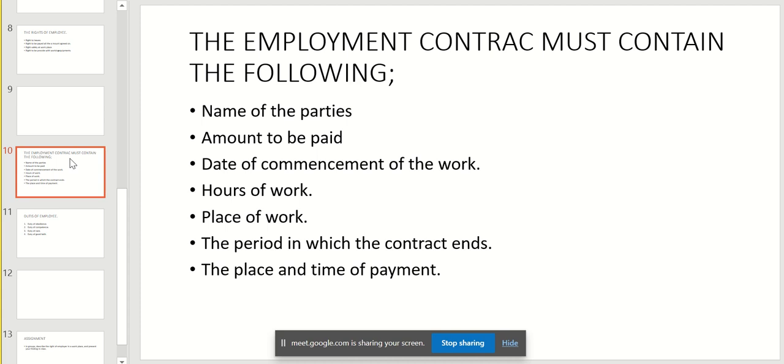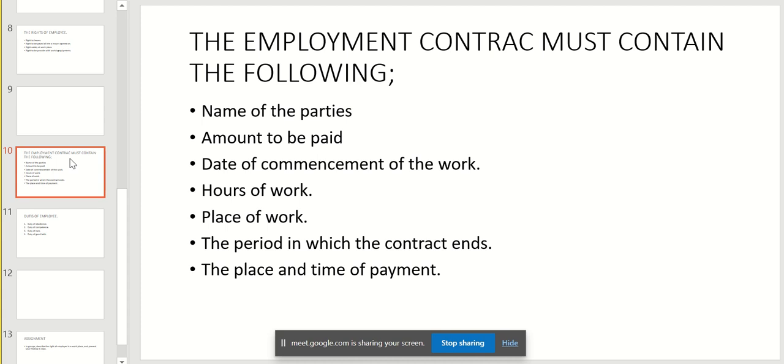Fourth, we have hours of work, whereby the employees are entitled to know the hours that they must take for a specific job or task. Then we have a place of work.